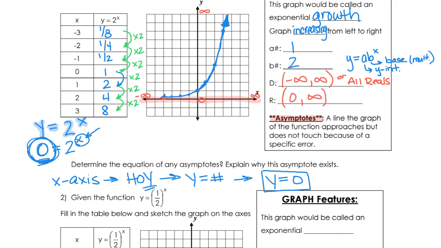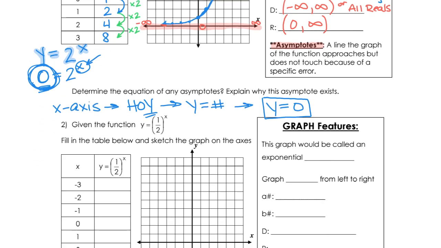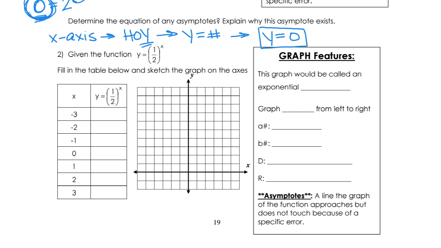All right, so number 2, we're going to see some similar stuff, except our equation's a little bit different. It's y equals 1/2 raised to the x. We're going to type that in our y equals. So go ahead, go back to y equals, clear it out. Type in 1/2 raised to the x. Make sure your 1/2 is in parentheses.